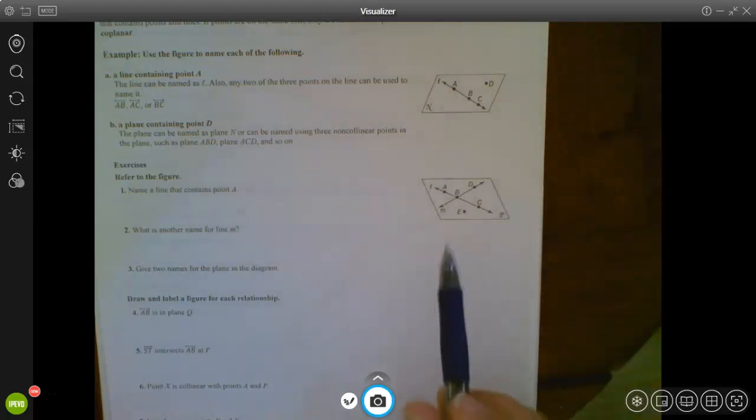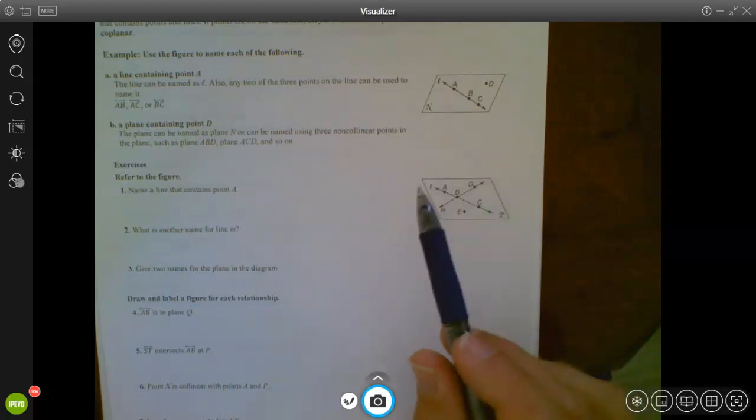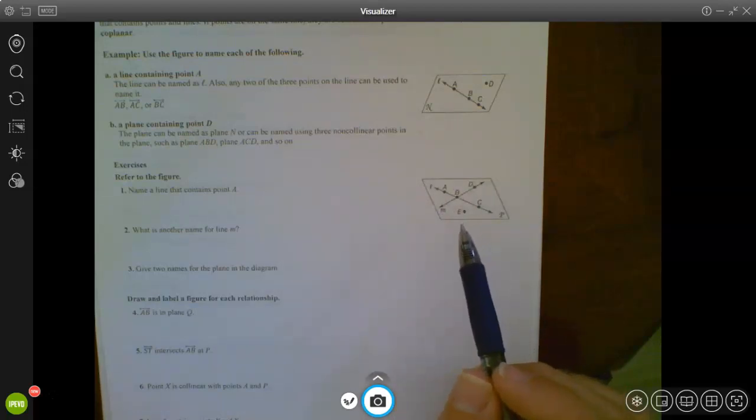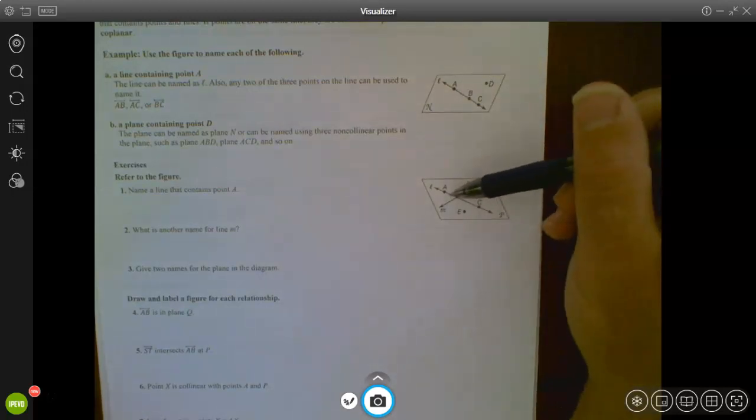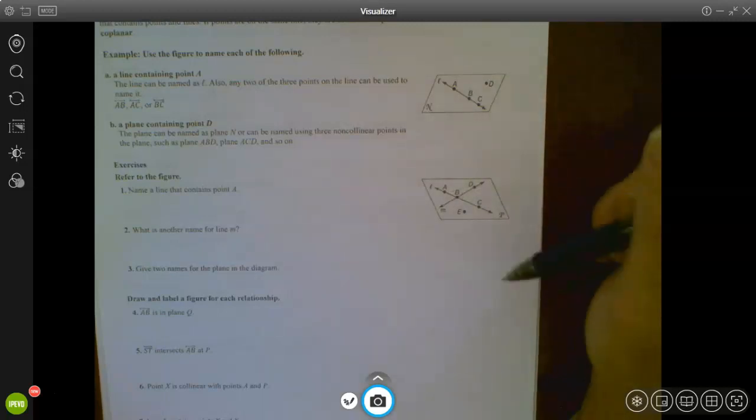So first things first, if you look at this two-dimensional plane that we have going right here, a plane is like any flat surface, like just a two-dimensional shape like this one is. So as you look at this, understand that wherever you see a dot is actually a point on that plane. So this would be point A, point B, point D, so on.